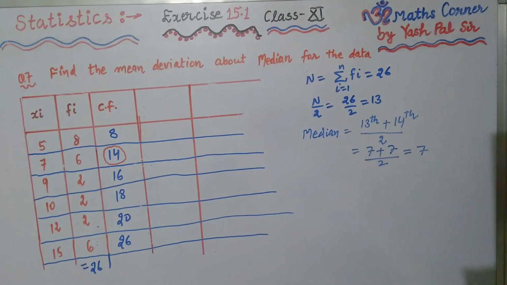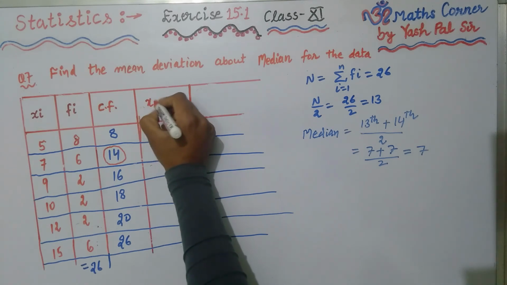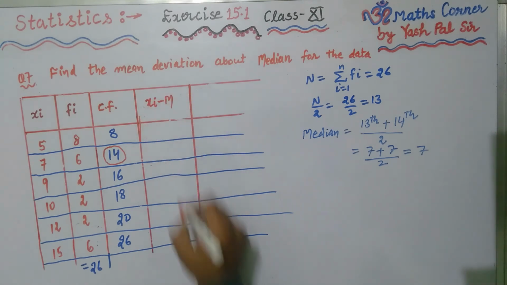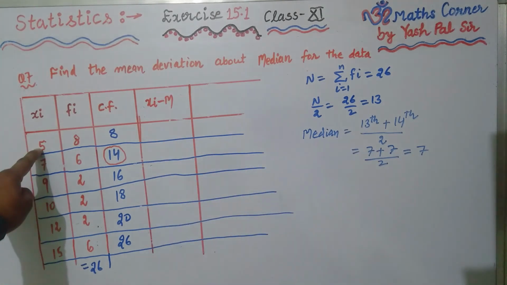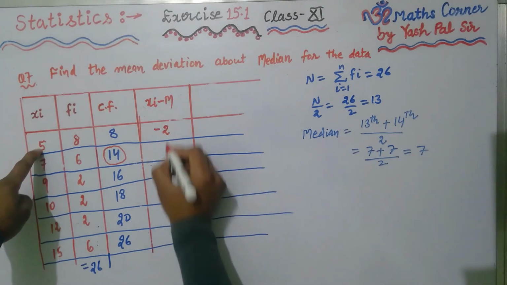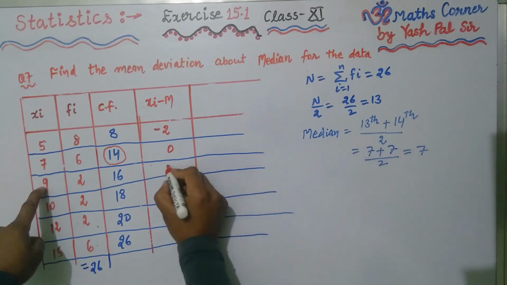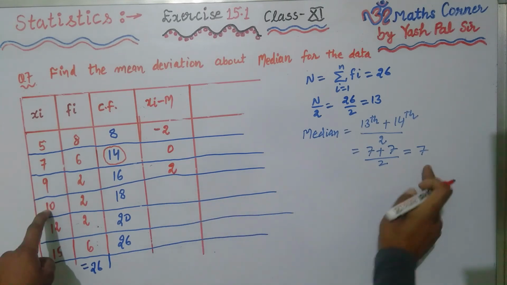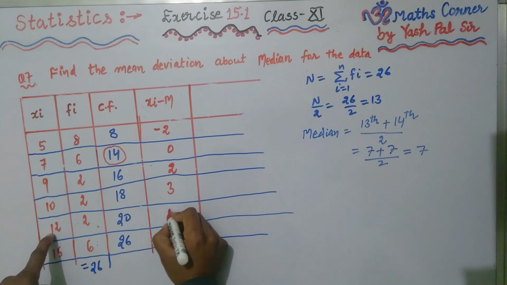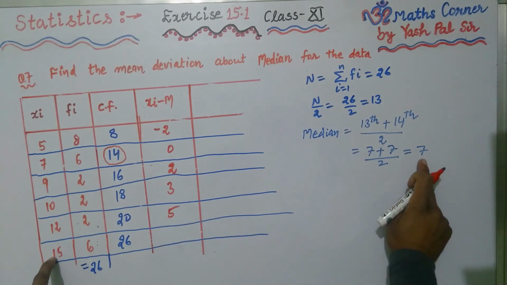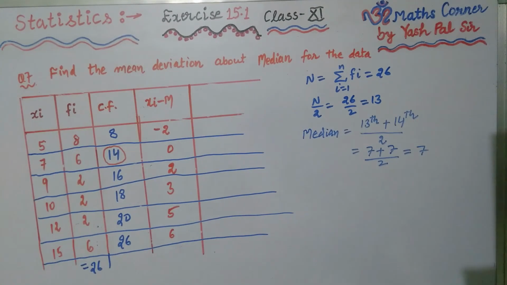7 is the median. Now we find xi minus median, that is 5 minus 7, which is equal to minus 2. 7 minus 7 is 0. 9 minus 7 is 2. 10 minus 7 is 3. 12 minus 7 is 5. 15 minus 7 is, sorry, 8.